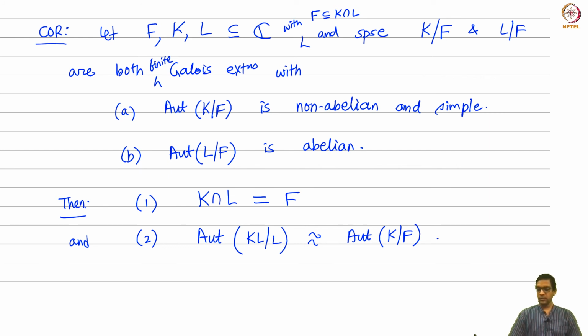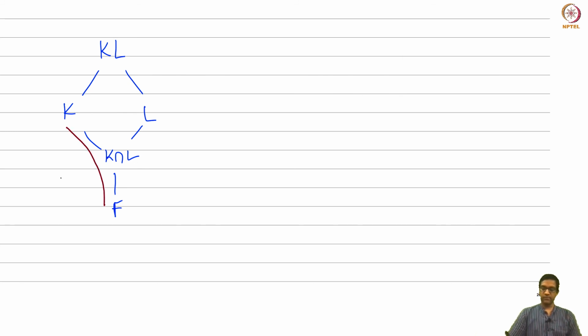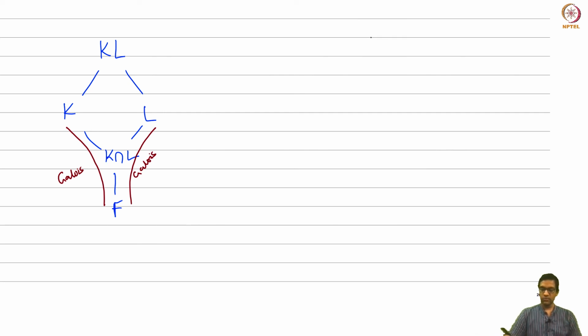Again, to draw that picture, I have KL, I have K, L, F, but the assumptions here are that both are Galois. K over F is a Galois extension, L over F is a Galois extension, but they have somewhat different behavior.